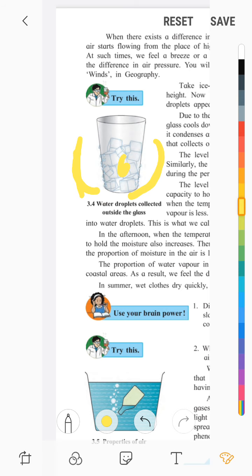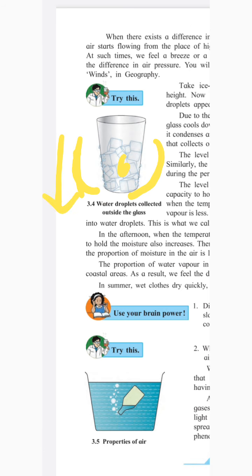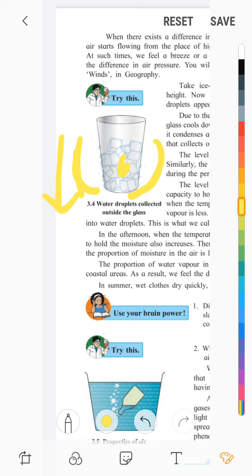During the night or at dawn, when the temperature of air is low, its capacity to hold the vapor is also low, and it is transformed into droplets. This is what we call dew. In the early morning, you can see the dewdrops collecting over the grass.